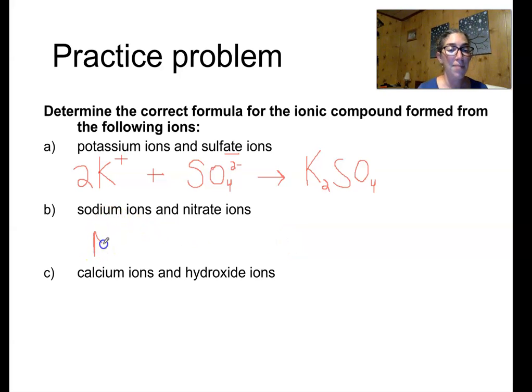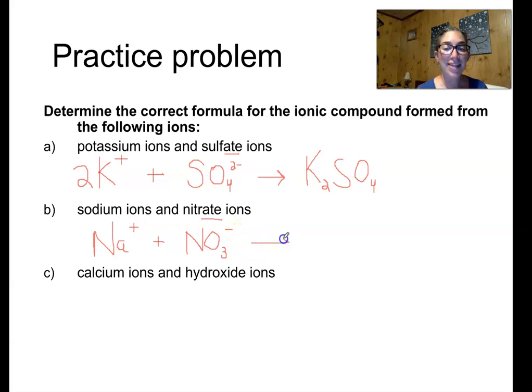The second problem, we have sodium ions. Sodium, like potassium, is in group 1 and has a 1+ charge. And nitrate ions. Ate, again, tells me we're working with a polyatomic ion, so I go to that table and look up nitrate, and I'm pretty sure this is nitrate, NO3 with a 1- charge.